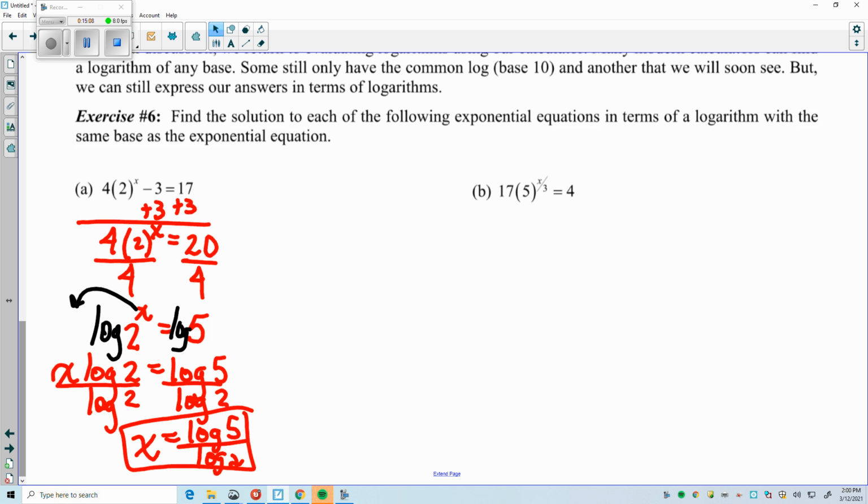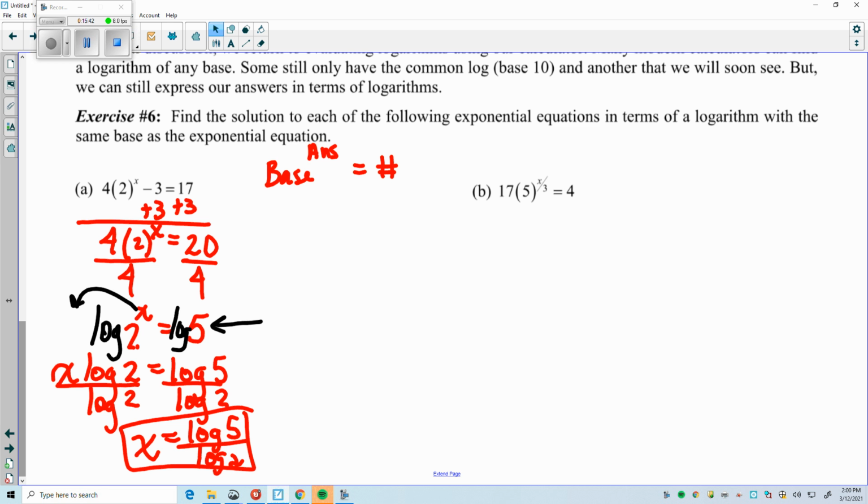Okay, but what the question wanted us to do is put this in terms of a log with the same base as the exponential equation. So that means let's go back to this line right here. I want to write that as a log with the same base as this exponential equation. The base here is base 2. So go back to our change of base idea, where we would always say base to the answer equals the number.